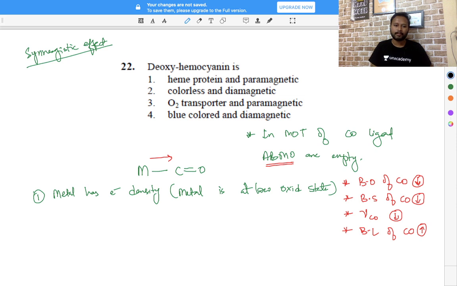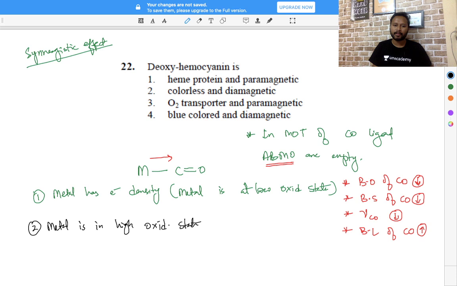Second case is if the metal is in high oxidation state. Then the metal is electron deficient.